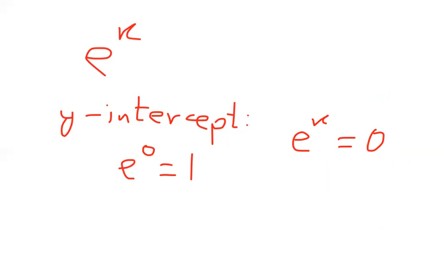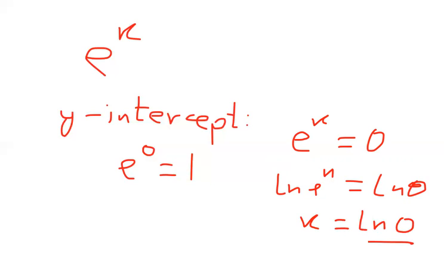Because to solve this, what we would do is we would write ln e to the power x equals ln 0. So x equals ln 0, and ln 0 is undefined. So that means that at y equals 0, e to the power x is undefined. So the asymptote is y equals 0.